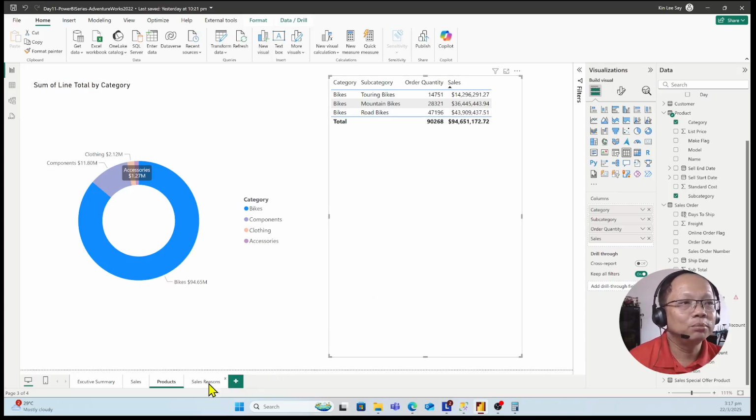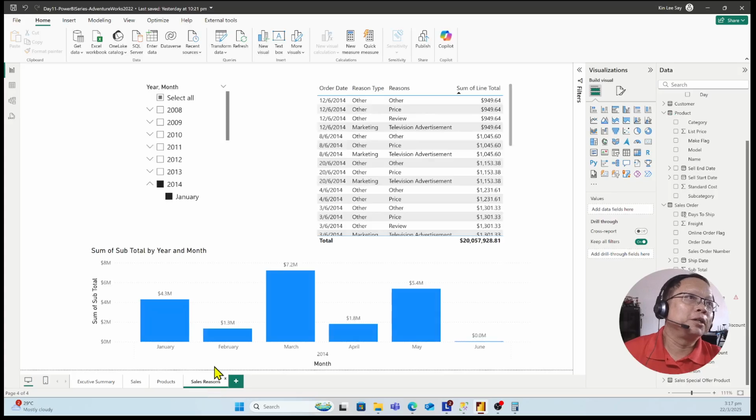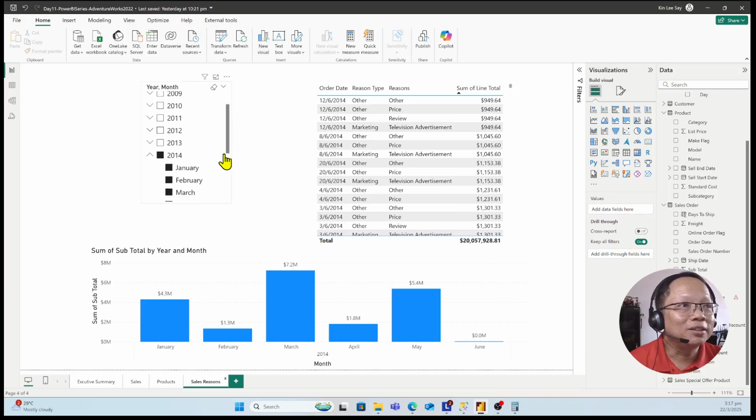So we also come to the sales reasons part, where I just created a table and a slicer, with subtotal by year and month. This is the month and this is the year.